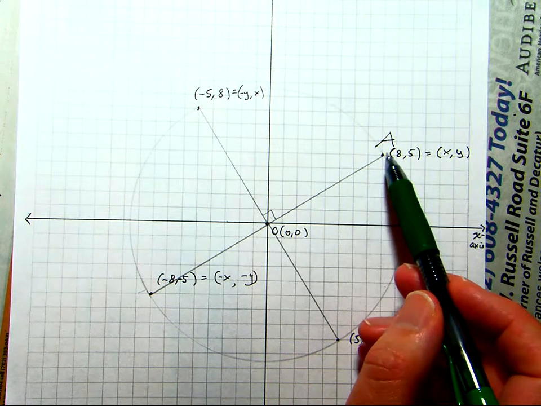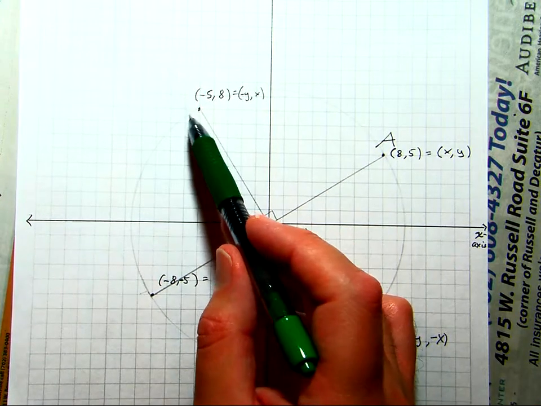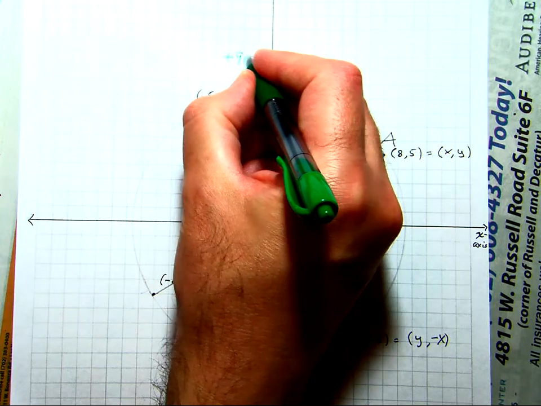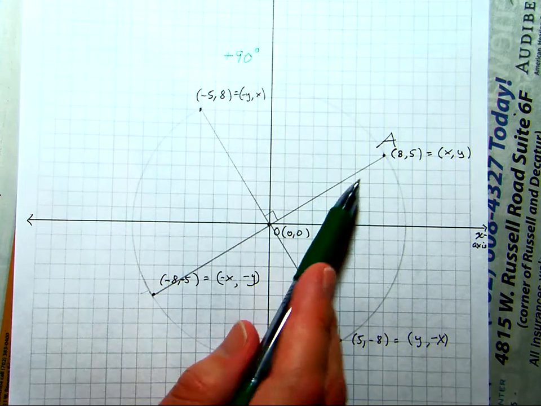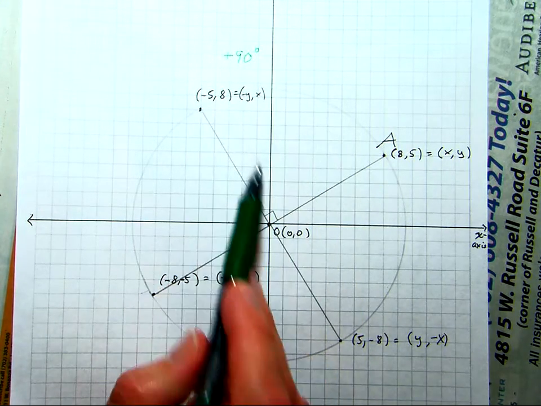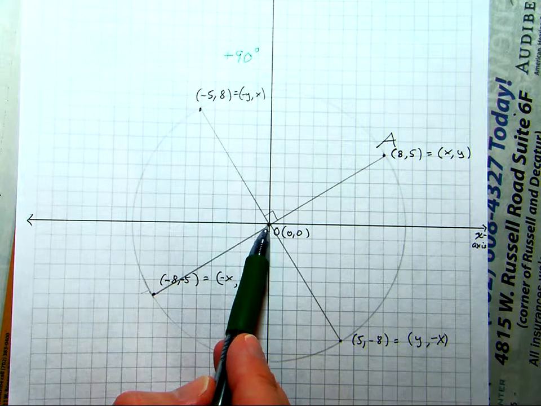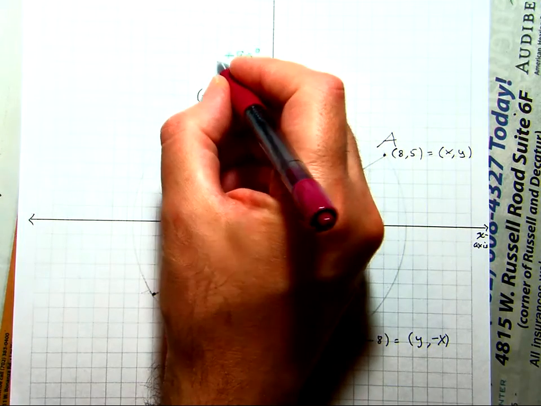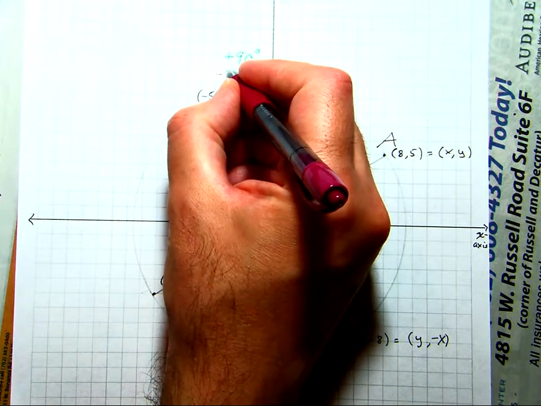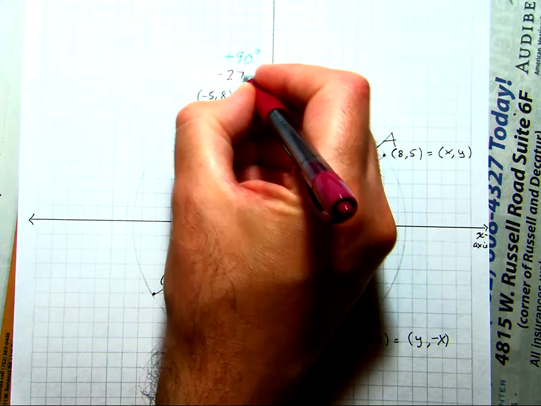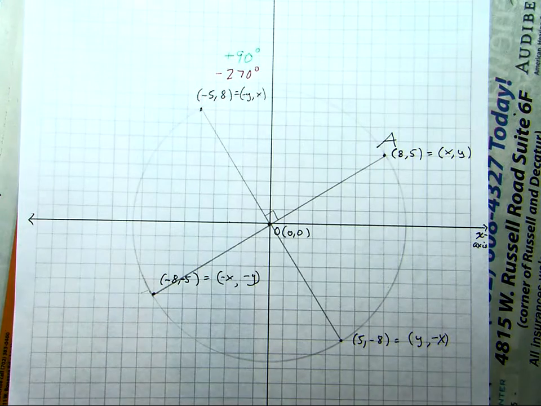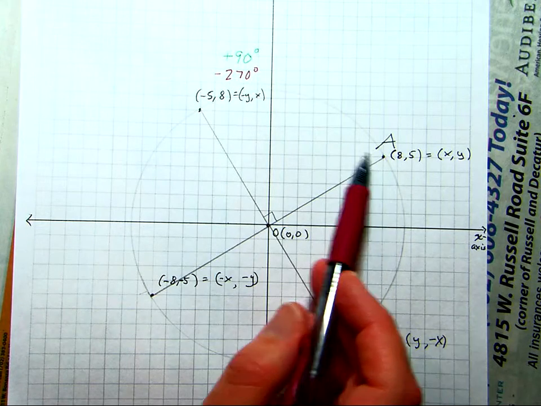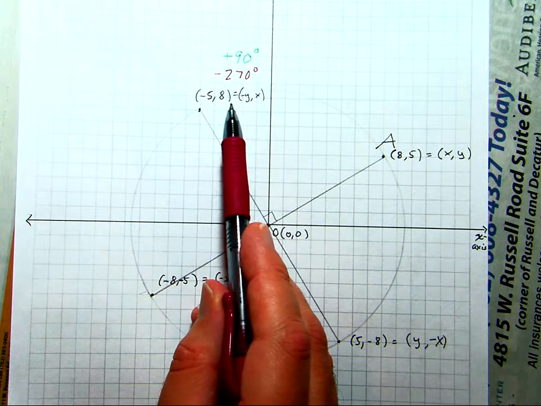So to go from A to this point was a rotation of positive 90 degrees. It was a counterclockwise rotation of exactly 90 degrees when measured at the center point. Let's also remember that a positive 90 degree rotation is the same thing as a negative 270 degree rotation, so they're both the same. Note that that takes point 8, 5 directly into point negative 5, 8.